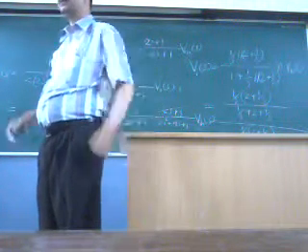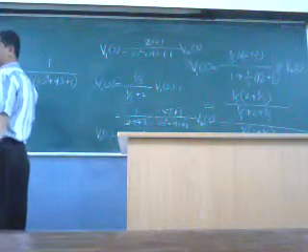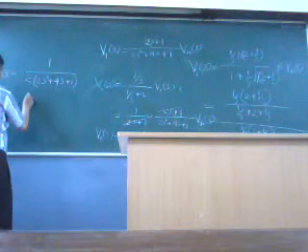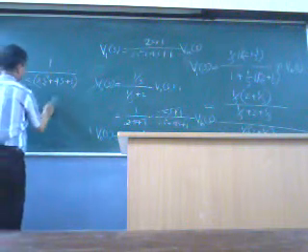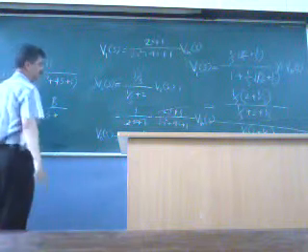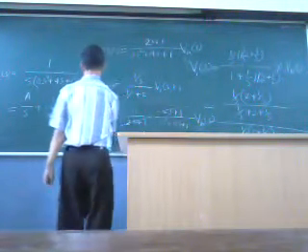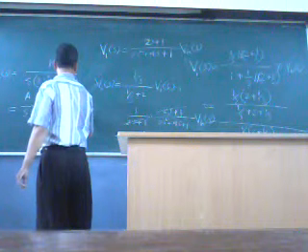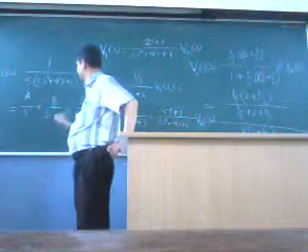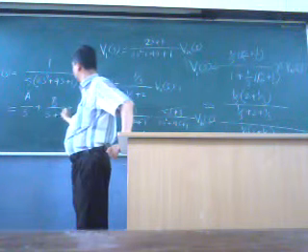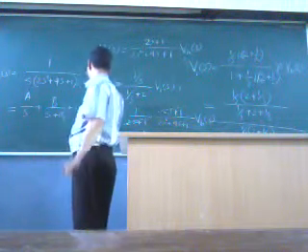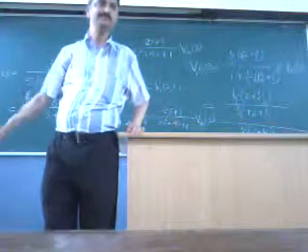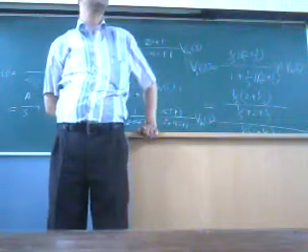So what are the roots? This I can write as A upon S plus B upon S plus something plus C upon S plus some other thing. A1 and A2. What are A1 and A2?